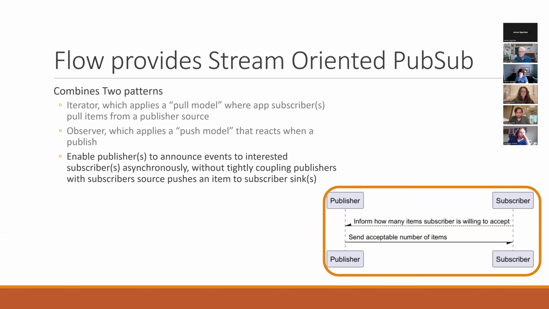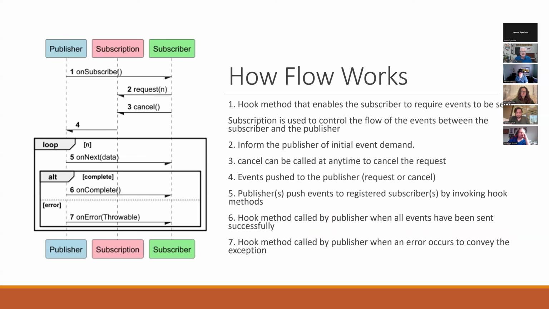Pretty straightforward. Okay. Let's take a look at the interaction between the three main interfaces here: the publisher, the subscription, and the subscriber. So first, the publisher will say, hey, I'm going to publish something. Anyone want to subscribe to me, right? So onSubscribe hits, the subscriber says, yes, I subscribe to you. I'm ready to go.